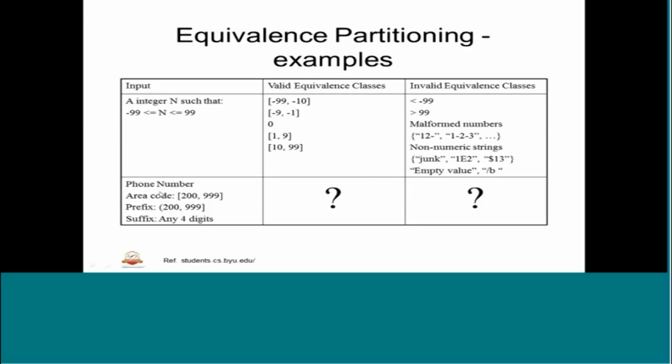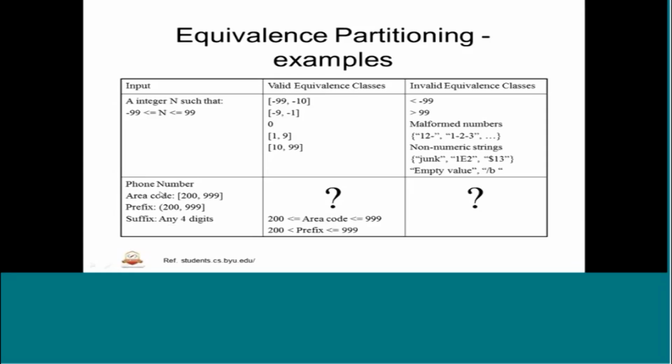Similarly for a phone number, for the valid equivalence class, we know that the area code is 200 to 999. So we can have 555-5555, then 555-555 with 555 as a prefix. Then we have 555-555-5555. This is another valid phone number. Then we have 200 less than or equal to area code less than or equal to 999.